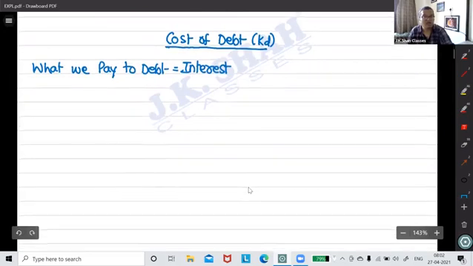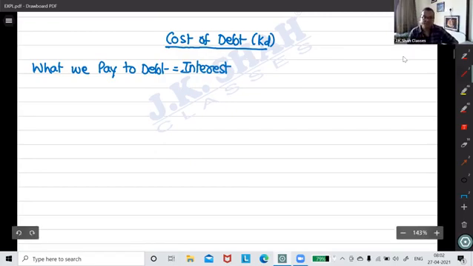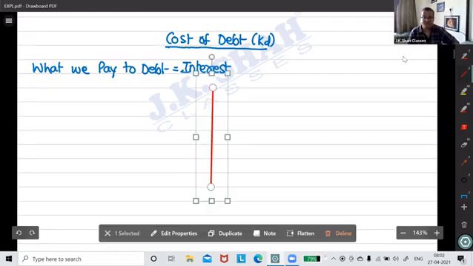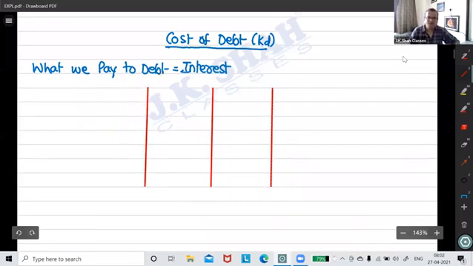Everybody agrees on this. We have already discussed the thing which I'm going to write now, by virtue of the earlier topic. Suppose there are two companies. One is levered, the other is unlevered.